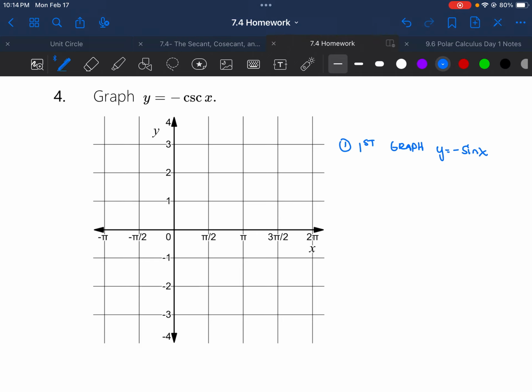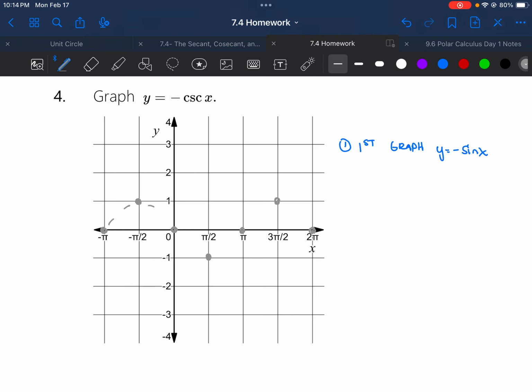Well, we know what sine of x looks like. We know sine of x goes midpoint, max, midpoint, min, midpoint. So we're just going to reflect that upside down. We're going to go midpoint, min, midpoint, max, midpoint. And I'll continue the pattern over to the other side here.